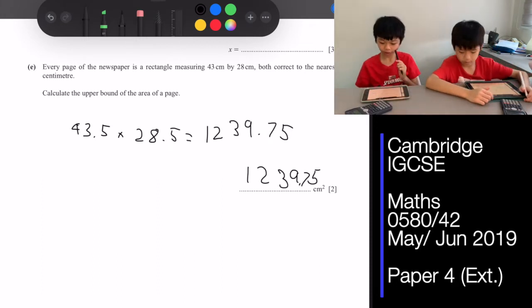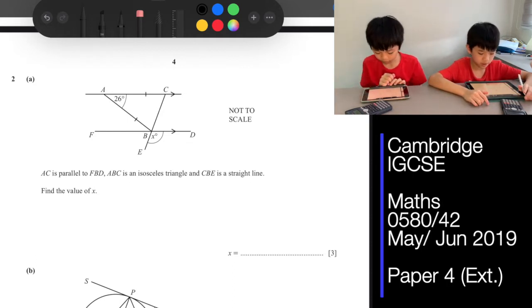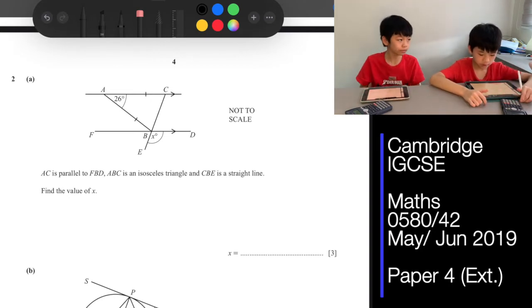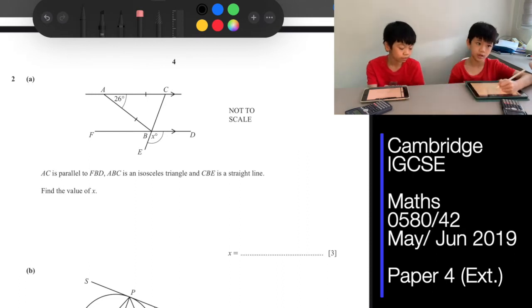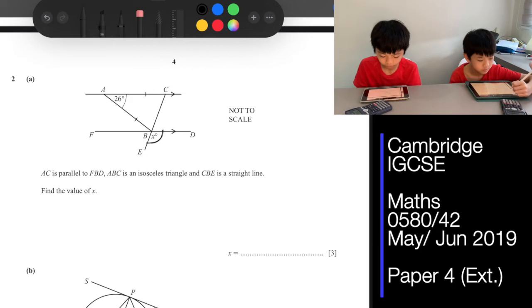Okay, for question 2a, AC is parallel to FBD. ABC is an isosceles triangle, which means two sides are the same, and CBE is a straight line, meaning B just goes through CE. We need to find the value of x, this angle. So first we know that ABC is isosceles.